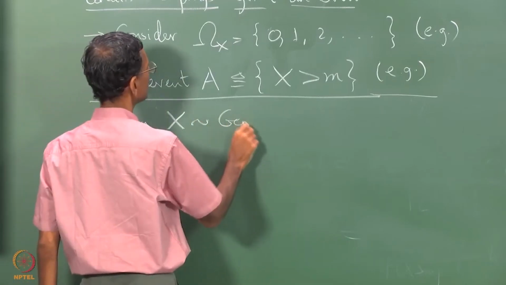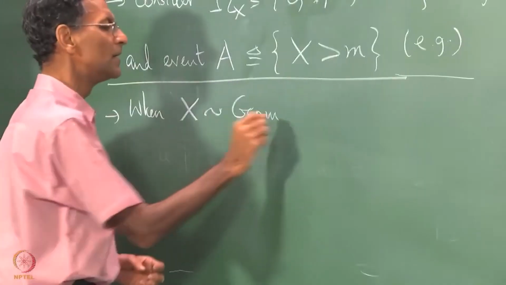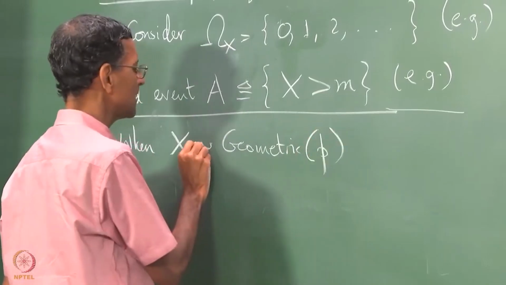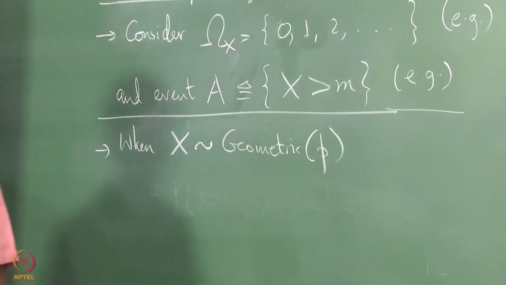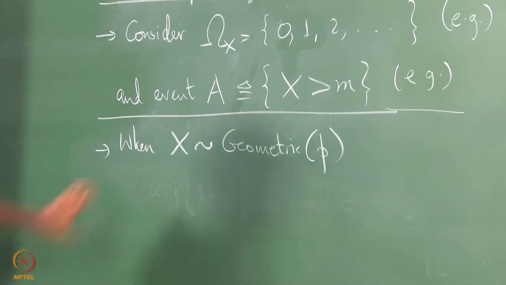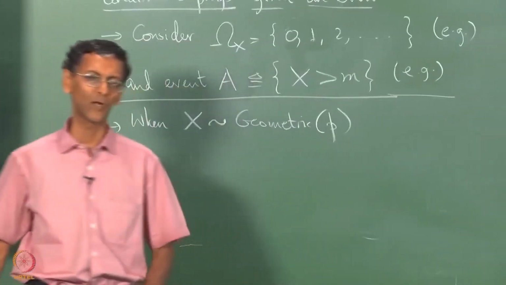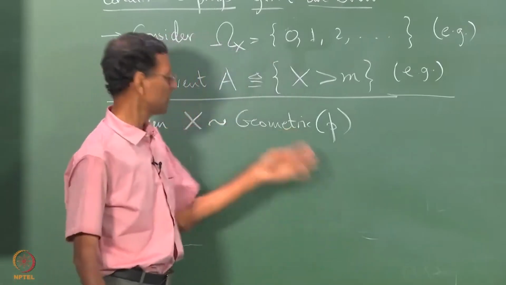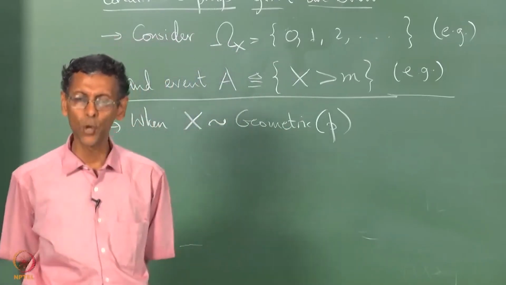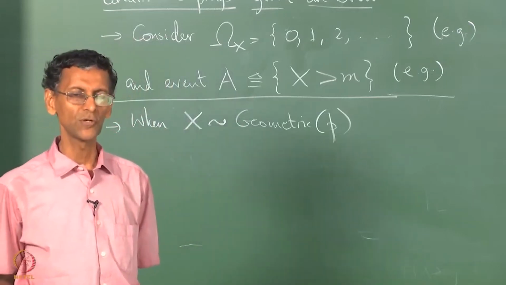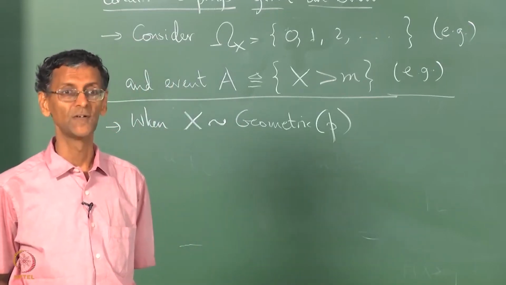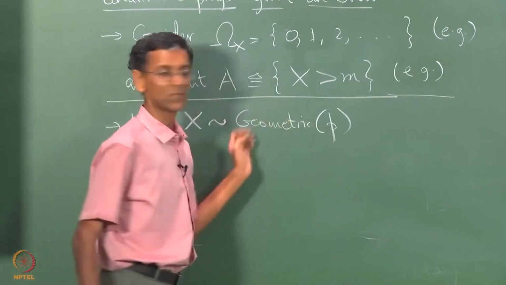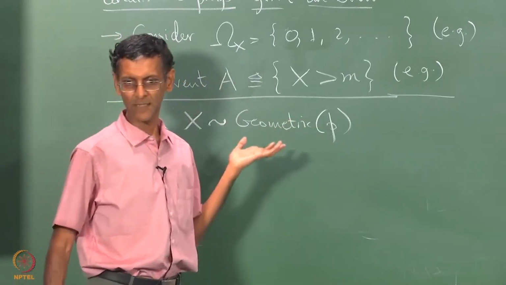You write the name of the PMF in some form, we can expand it in full, geometric P, and you use this tilde notation to indicate that this random variable x has this PMF, or later on PDF, whatever. And this geometric I am writing out in full because there seems to be no universally accepted shortening of geometric or Poisson or binomial. So you might as well write out the full word.